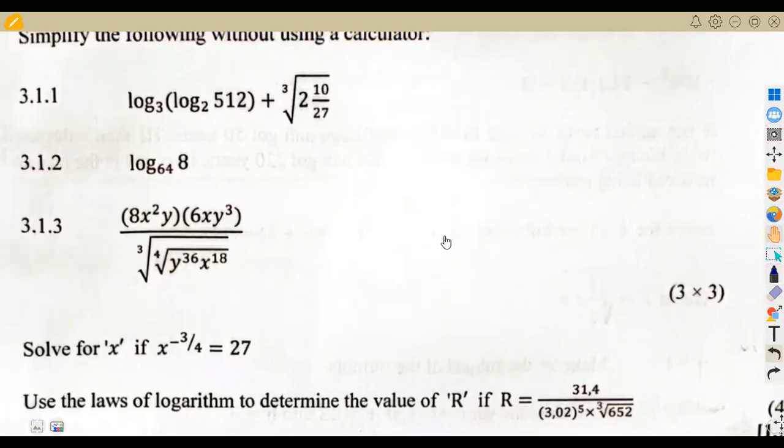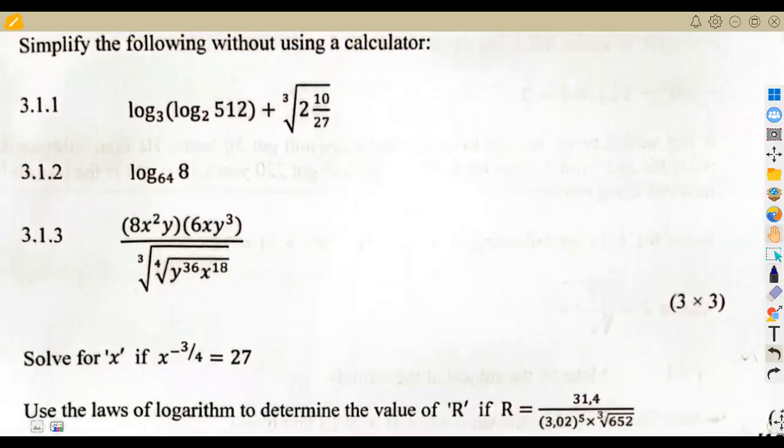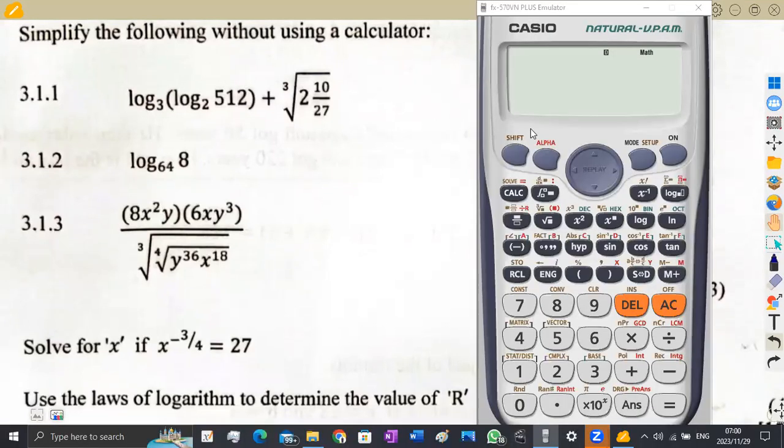And also you can prove these answers, everything. All right, let's start with the first one. Let's try to prove the first one. Remember the first one, 3.11, we got 10 over 3. So you can even prove that one. So you're going to use this, the logarithm in base of 3 of the logarithm again in base of 2 of 512.